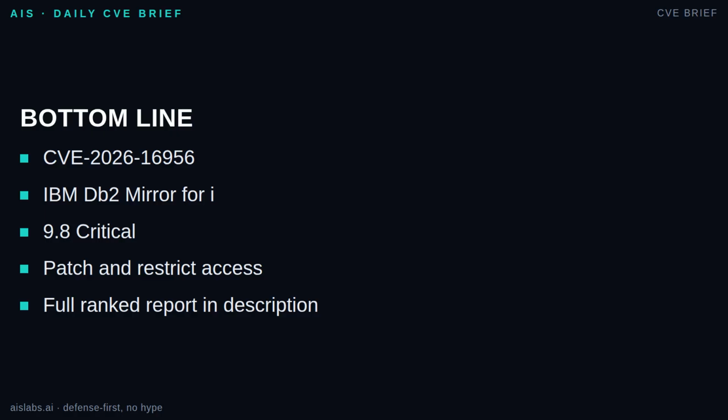It is not on CISA KEV today, but the absence of KEV listing is not a reason to delay if you have reachable affected systems. Your priorities are: identify where IBM Db2 Mirror for I is deployed, verify exact exposure against IBM's advisory, apply the vendor remediation, restrict network access, and monitor for abnormal command execution or service behavior.